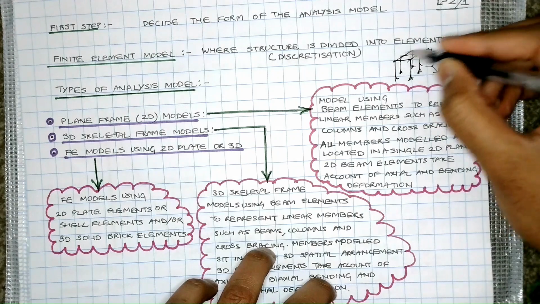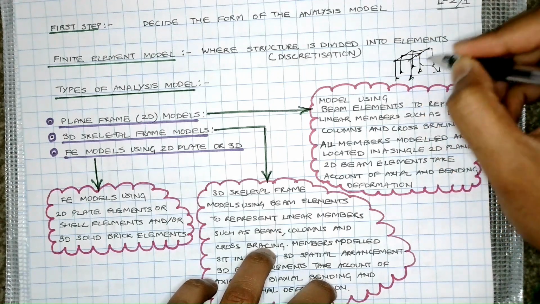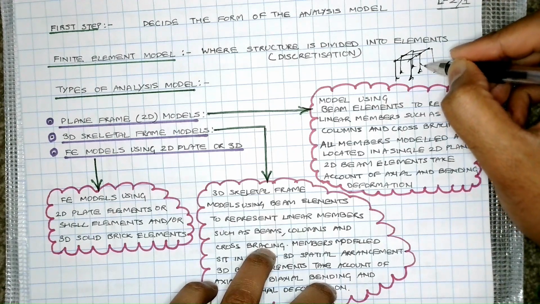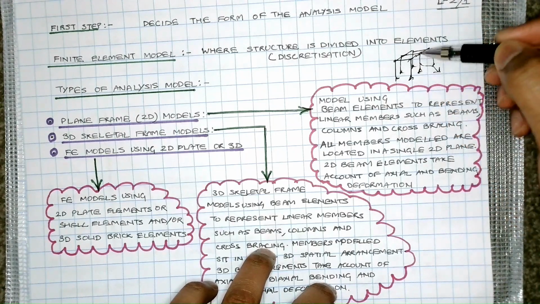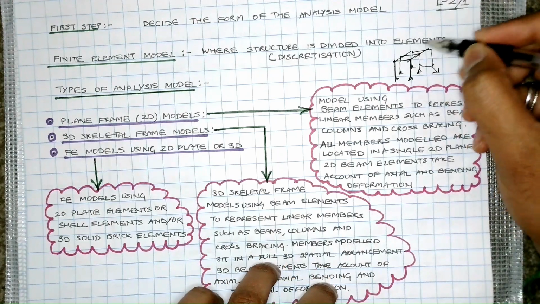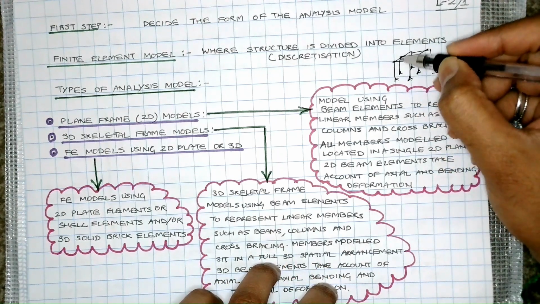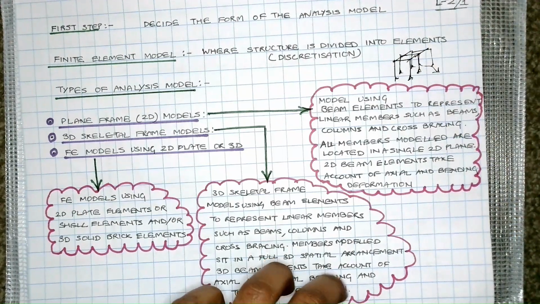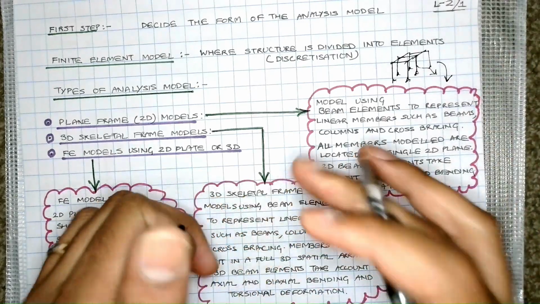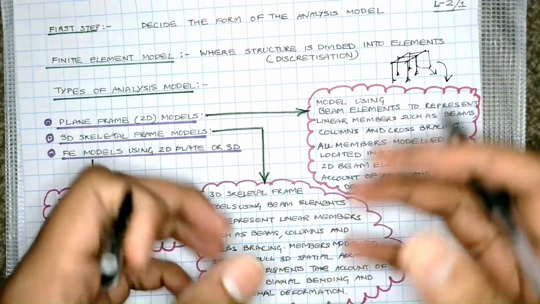What you will do is analyze only one frame, and design that one frame taking all the actions. Then, based on the design elements that you have in that frame, you just assign those properties to the other elements as well. So you don't have to model the entire 3D structure, you can just model the 2D frame. This is one of the approaches that you can take.